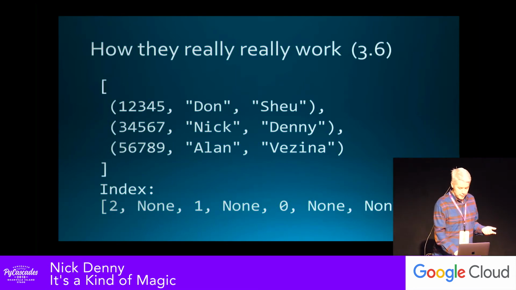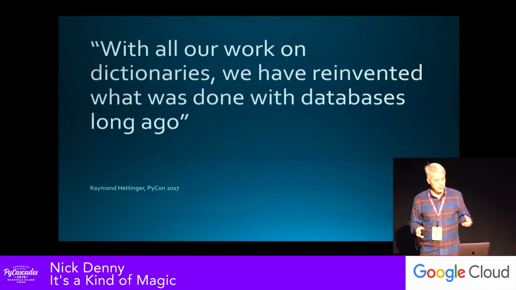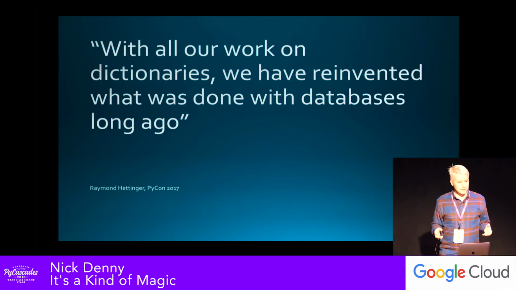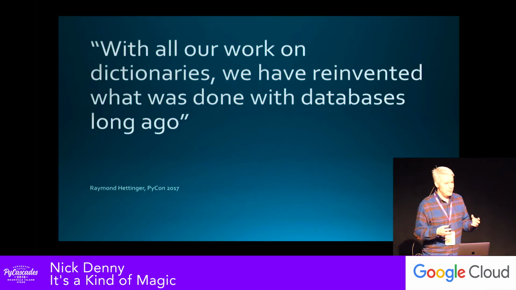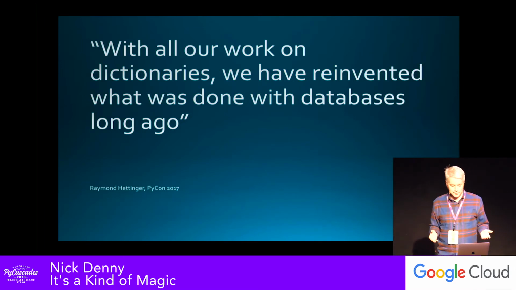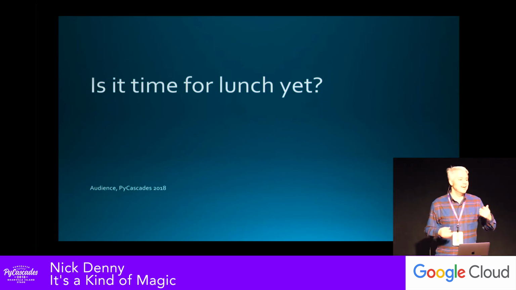And so in his talk, Raymond Hettinger had this great line, which was, with all our work in dictionaries, we've reinvented what was done with databases long ago. So basically how dictionaries work is kind of how databases work, like a SQL database. And that got me thinking. And I'm sure you're all thinking this too now. No? Come on, audience. Just a few more minutes, I promise.